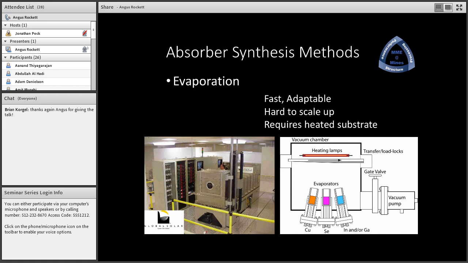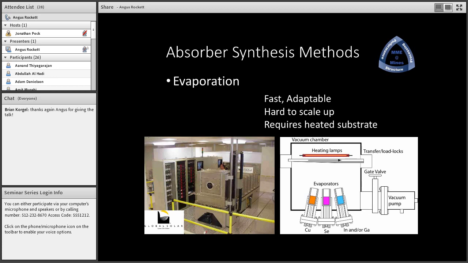If we think about how the absorber is made in these materials, there are several methods, the first of which is evaporation. This is how the record cells are generally made, by a multi-source, multi-stage, complex evaporation process. Evaporation can be done fairly fast, but it's very difficult to scale up. And in general, to make good devices, it requires a heated substrate.